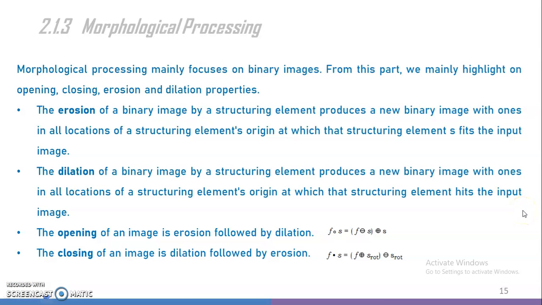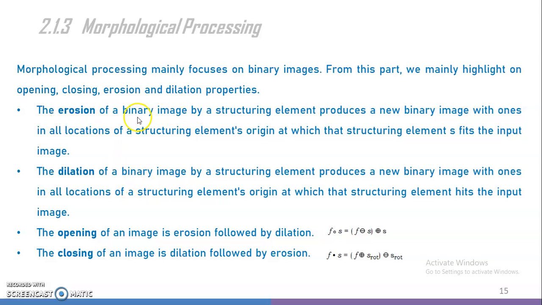The next part of image processing we come to is morphological processing. Here we mainly focus on binary images, and we mainly highlight opening, closing, erosion and dilation properties. We use this morphological processing in the GPS based car parking assistance part of the 4 applications of smart city we have discussed.